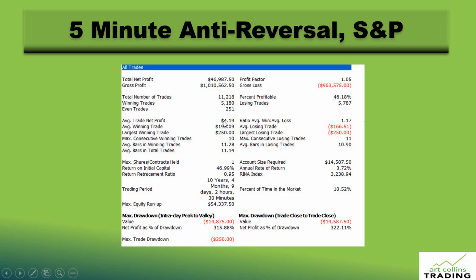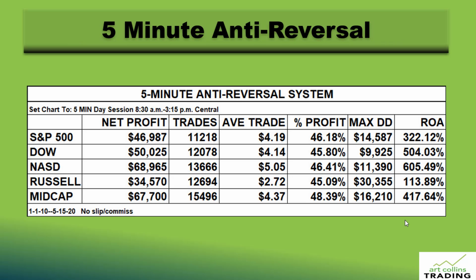Okay, I'm not alleging that I'm giving you a system here today. This is typical of what you're going to see, and the average net profit's pretty low. Take off slippage and commission, you got nothing. But proving a point here, okay? In all of the related markets.